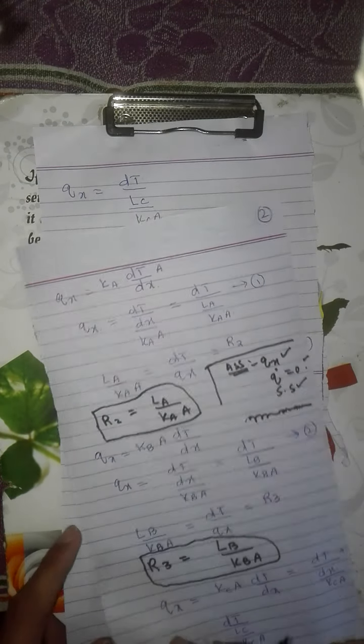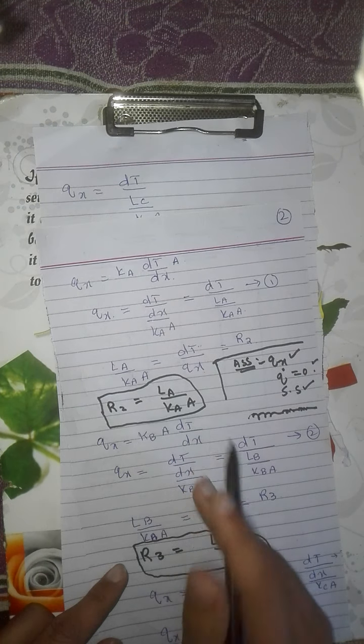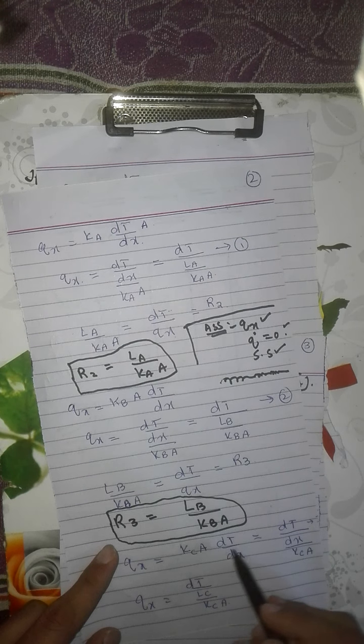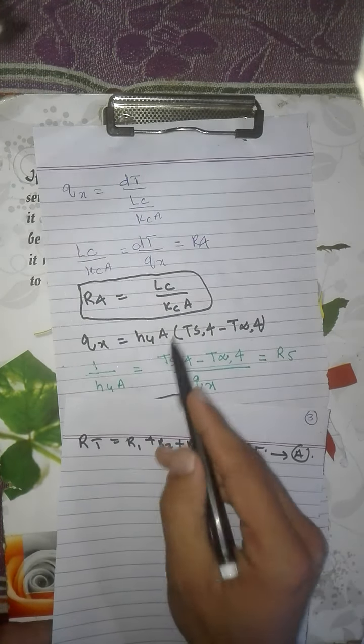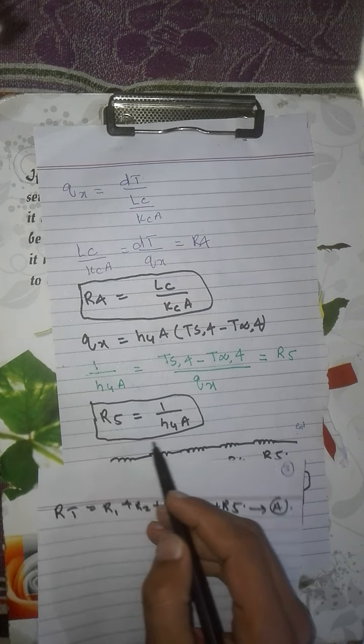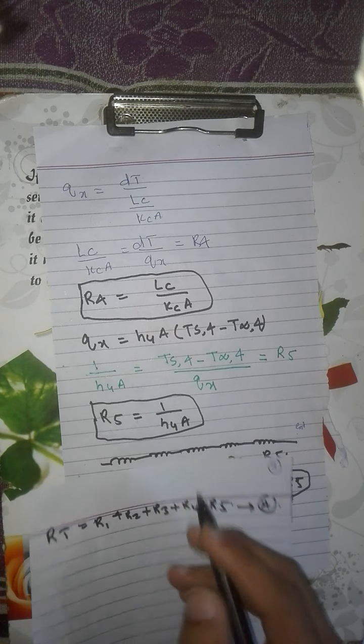Similarly, R2 is LA divided by KA A, R3 is LB divided by KB A, R4 is LC divided by KC A, and R5 is equal to 1 over H4 A.